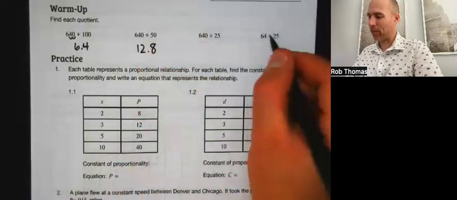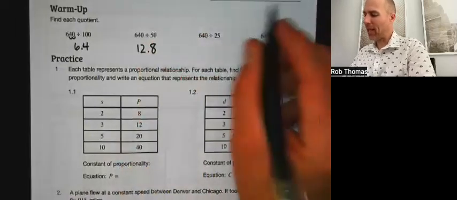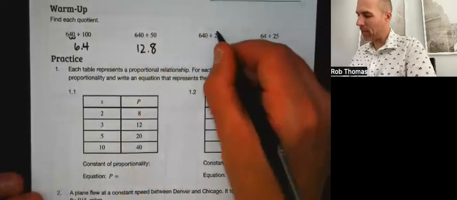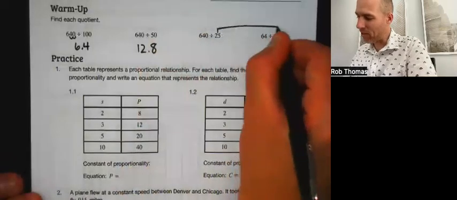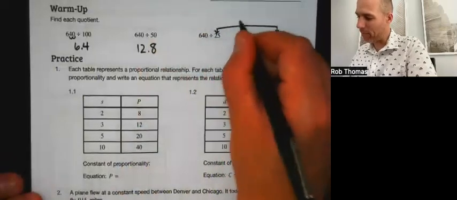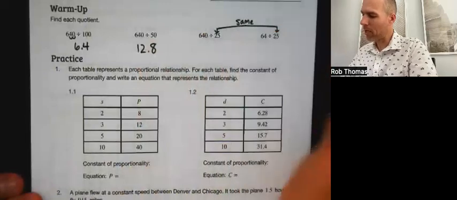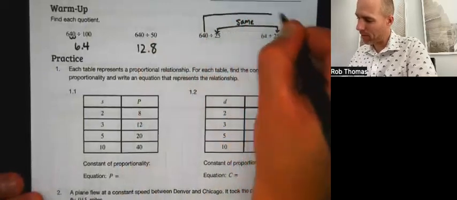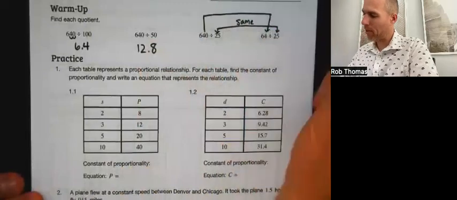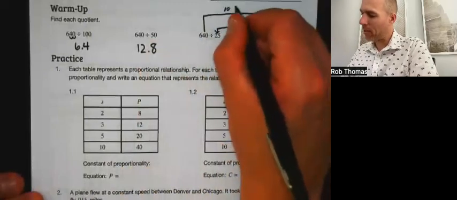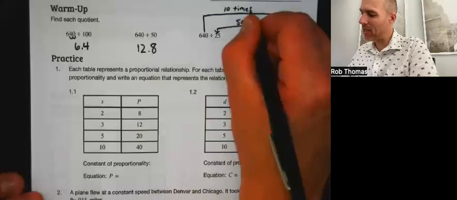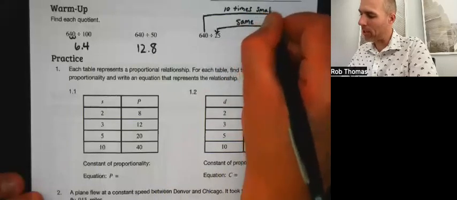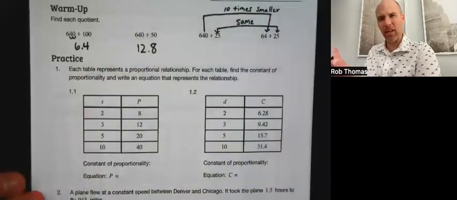And now look at the last one. The divisors are the same, but the new dividend is 10 times smaller. You have 10 times less stuff to work with.